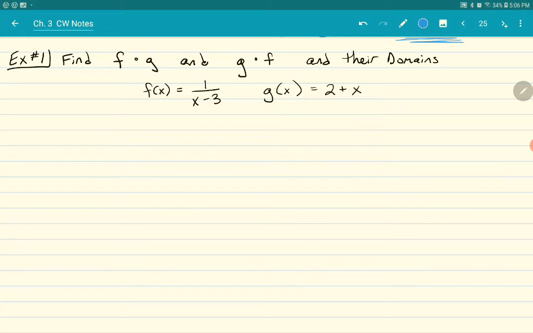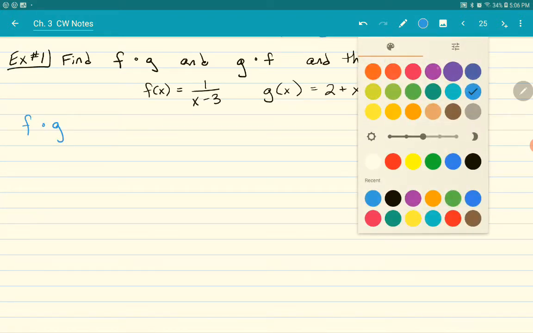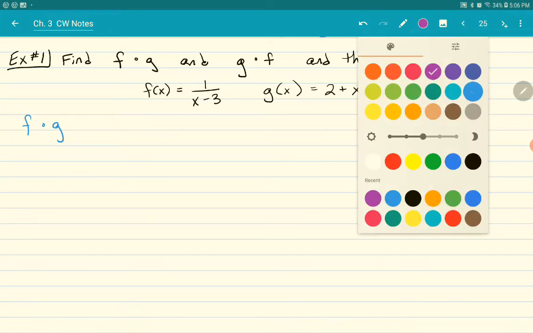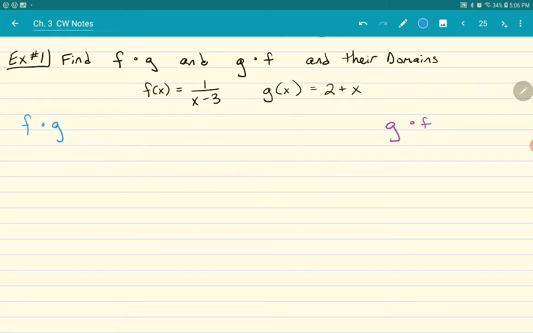In these two functions, let's do f composed with g in blue, and then we'll do g composed with f in purple. Let's start with the blue one, f composed with g. Remember that this notation is an abbreviation for f of g of x, and this parenthesis notation is a little more visual.